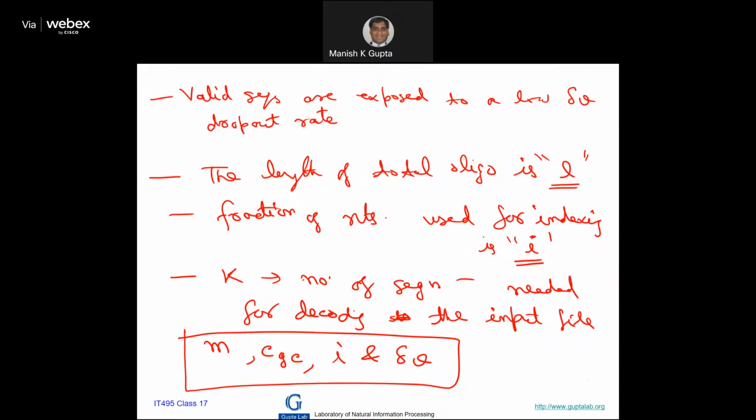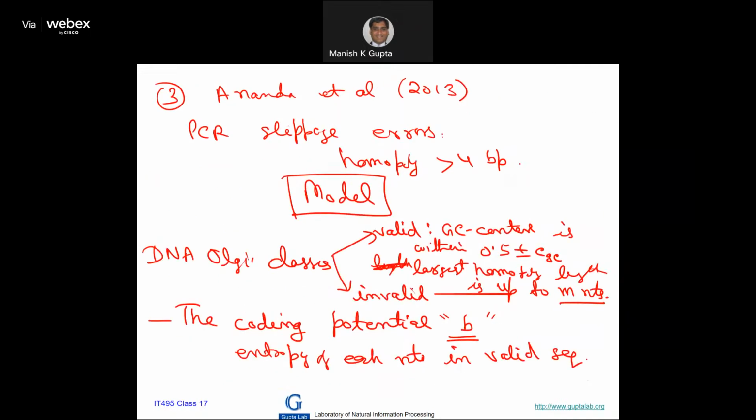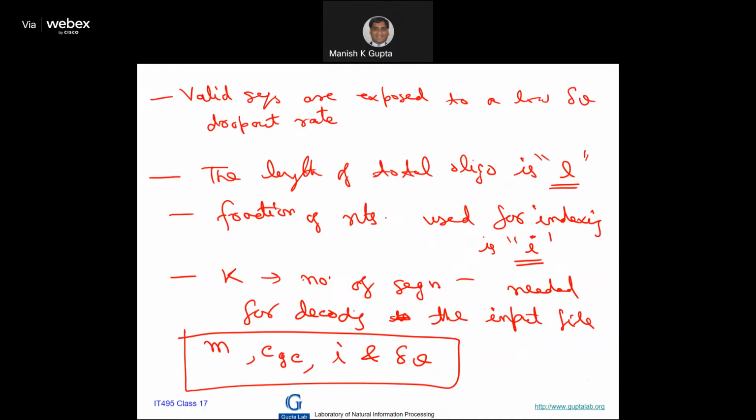CGC is the parameter to control the GC content. If you remember from here, 0.5 plus minus GC. I is the length of the index. How many nucleotides are used for indexing? And delta V is the dropout rate, right? These four parameters of the model can be used to approximate the information capacity.